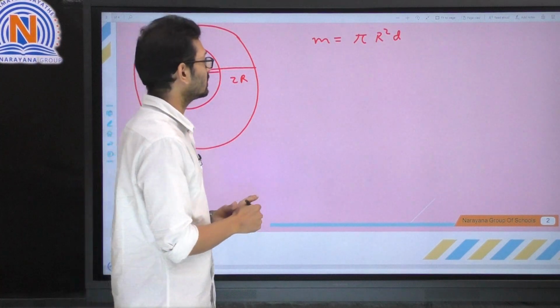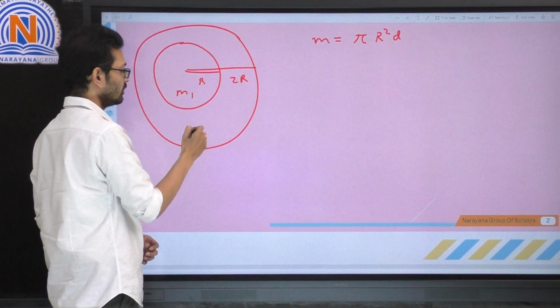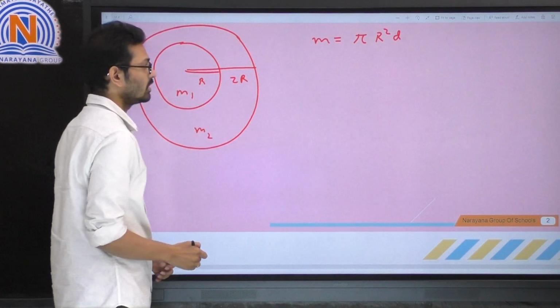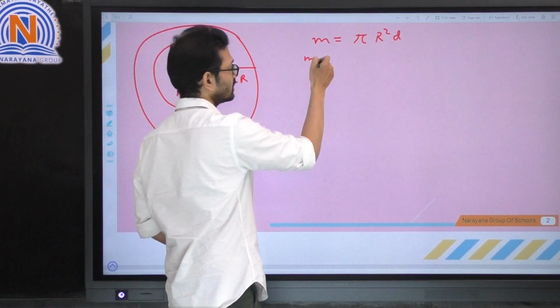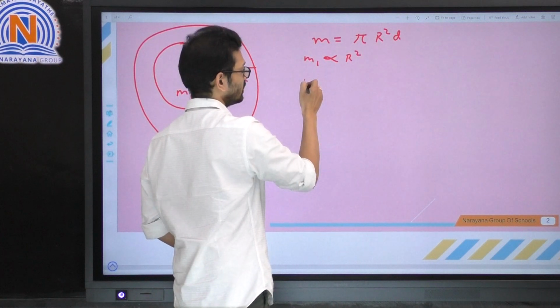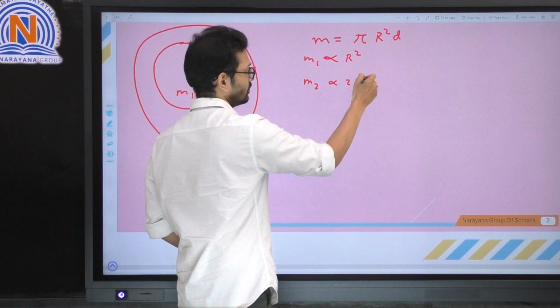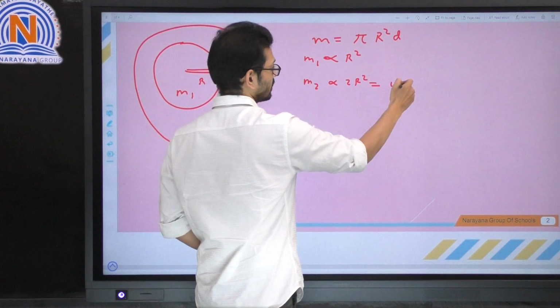Now let us take the mass of the first one as m1 and the mass of the second one as m2. m1 is directly proportional to r square, whereas m2 is directly proportional to (2r) square, which is nothing but 4r square.